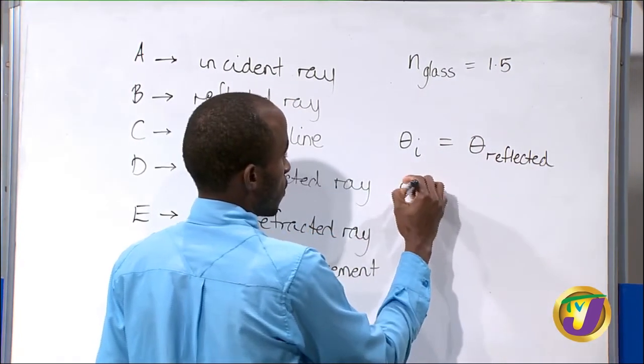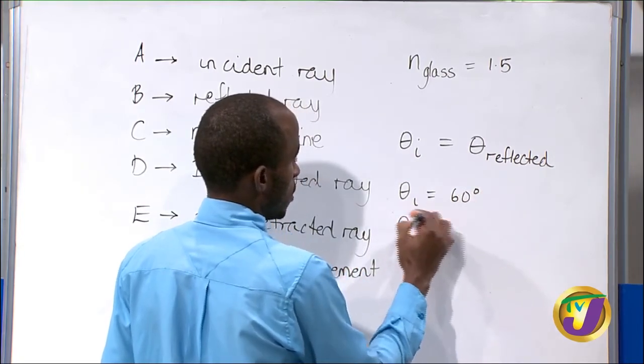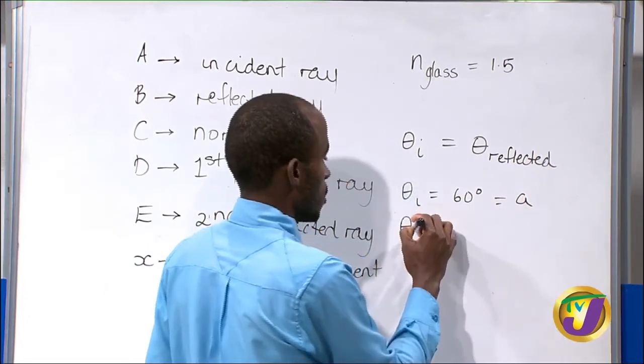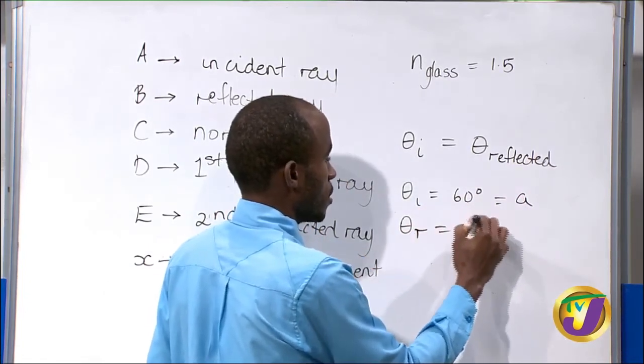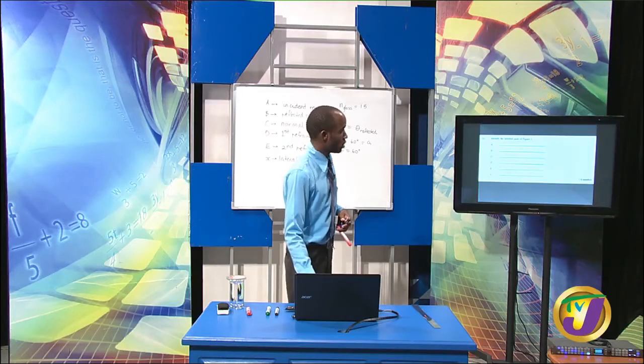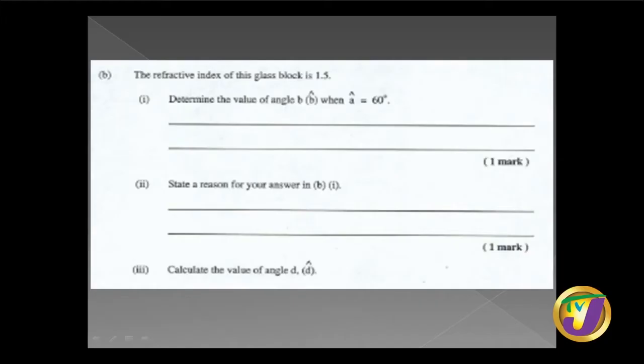So if theta I is 60 degrees, then theta R, and theta I is what? A? Good. So theta R, reflected, is also 60 degrees. Now, state a reason for your answer in B. Simply say, the law of reflection tells us the angle of incidence equals the angle of reflection, therefore the angles must be the same.